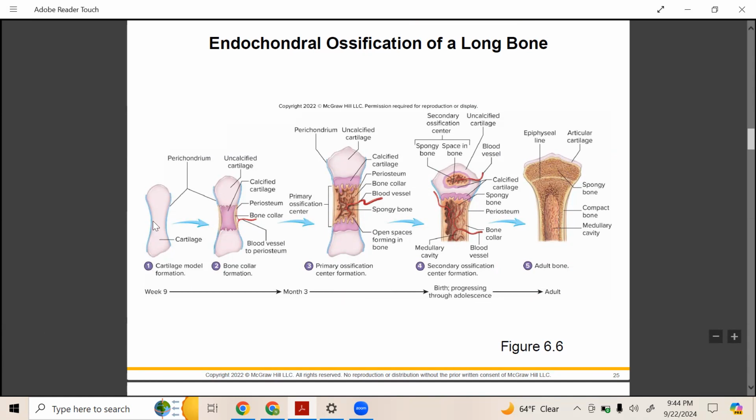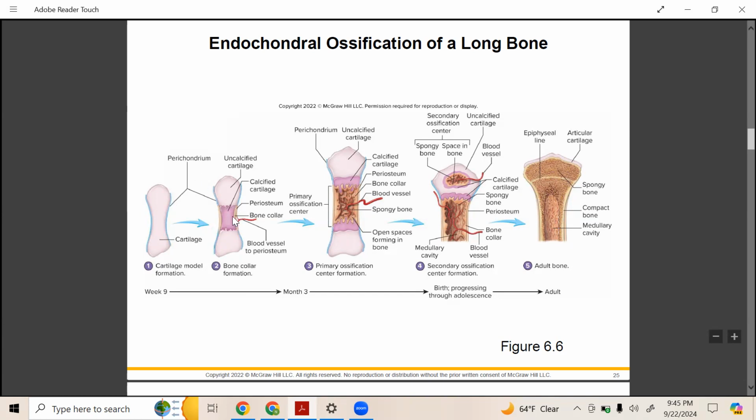So what happens initially is that we just have a piece of cartilage that starts our bone there. The perichondrium is just the outer covering of our cartilage. So our periosteum begins to form.